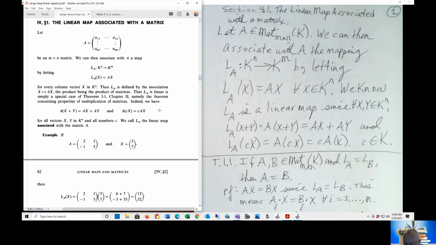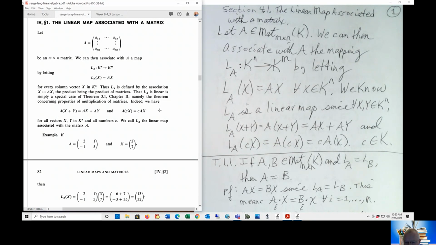We know that L sub A is a linear mapping, since if you let x and y be two vectors in K^n, and let c be a scalar, L sub A of x plus y is A times (x plus y), which distributes to Ax plus Ay.